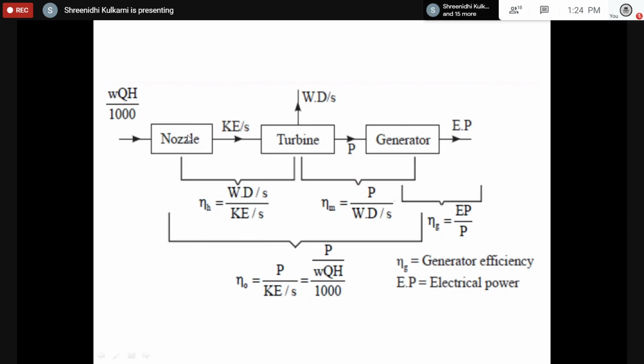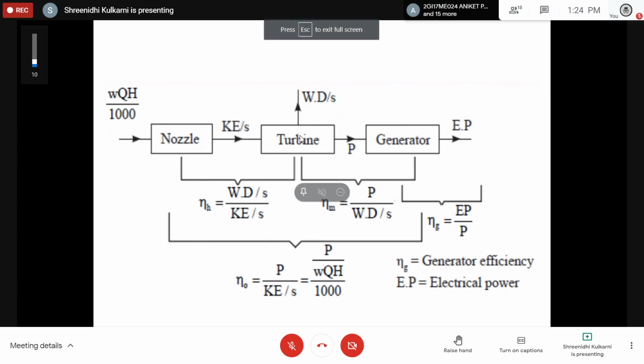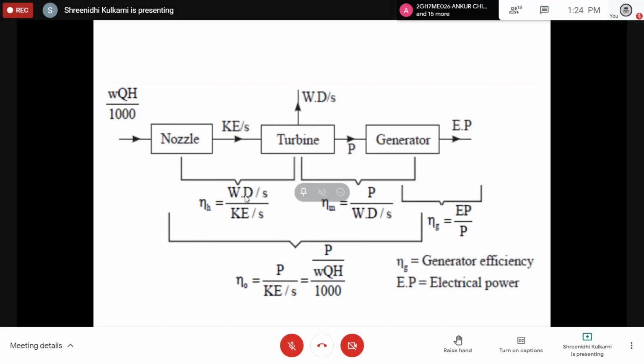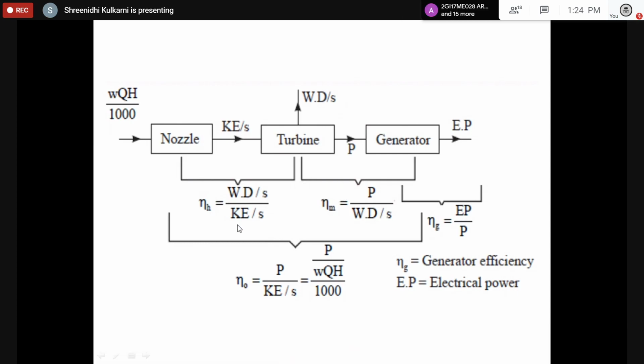Then it is sent to the turbine, meaning the kinetic energy as well as the pressure energy is converted into mechanical energy. So what we got is work done per second, by the kinetic energy per second.